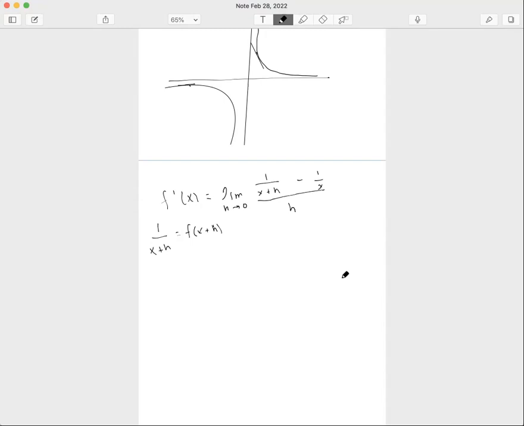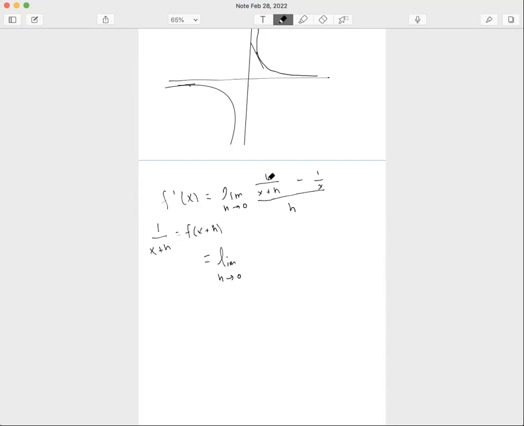So what is the common denominator here? Yeah, I think I heard that. It was a little soft, but x times x plus h. Not just x plus h, right? It's x times x plus h.